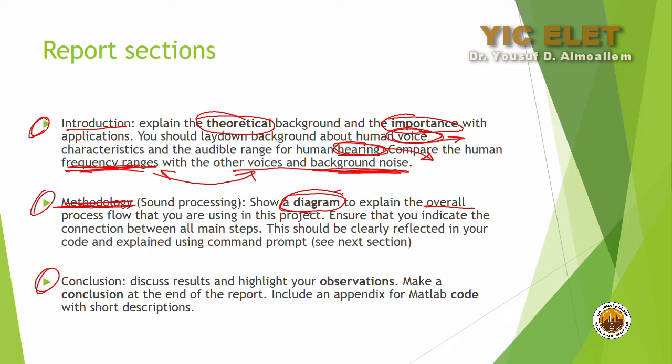Just make a figure of this diagram and show these steps. Ensure you indicate the interconnection between the main steps and show clearly your code reference. Once you're talking about some sections and name them with a certain place, explain it in the Matlab code.